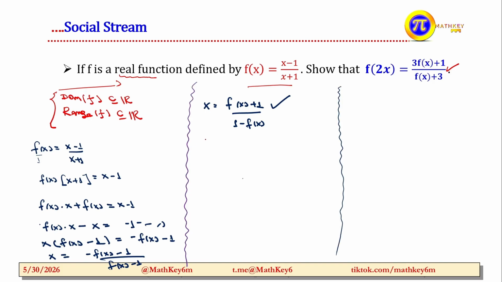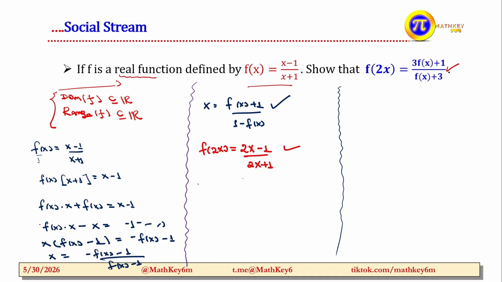So from this, what is f of 2x? When we substitute here, f of 2x becomes, we substitute here in f of x equals x minus 1 over x plus 1, which is equal to 2x minus 1 over 2x plus 1. ይሄ ይኖርናል ማለት እዚህ ጋር ስንተካ 2x ስንተካ it becomes 2x minus 1 over 2x plus 1 ይሆናል። ነገር ግን x ማለት f of x plus 1 over 1 minus f of x ስለሆነ x ቦታ ላይ ይሄንን እንተካለን ማለት.